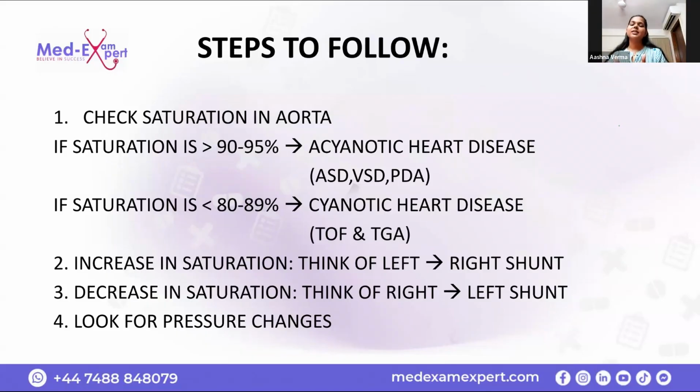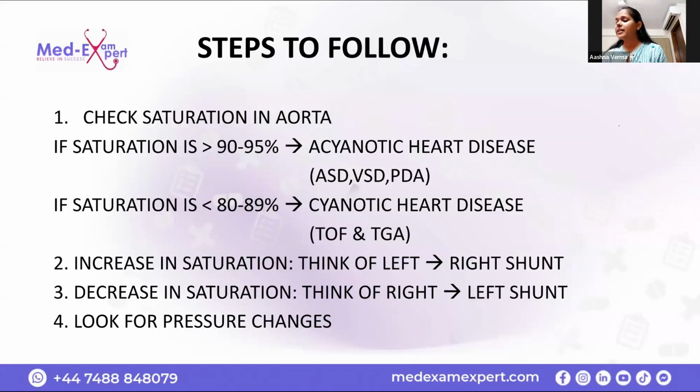Then the second thing is to check the abnormal saturation. So the saturation may be abnormally increased, the saturation may be abnormally decreased in some of the chambers given to you. So if a particular chamber is showing increase in the saturation, suppose the right atrium usually has a saturation of 65.